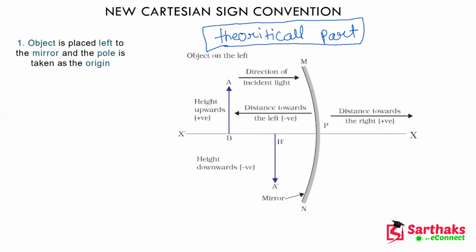And to solve those numericals, we have to have a very clear understanding of these Cartesian sign conventions, because in later parts we will be applying some formulas, and in our formula we have to put values with sign convention.